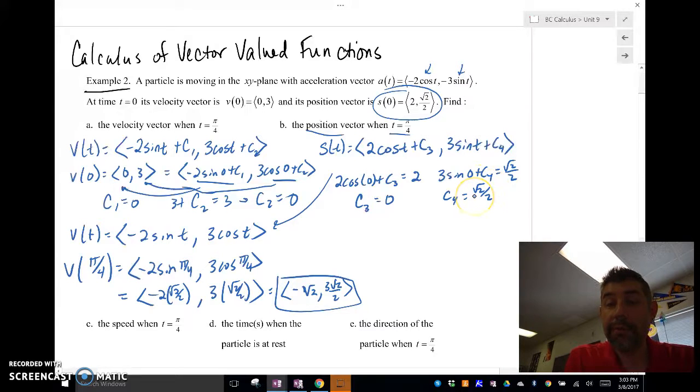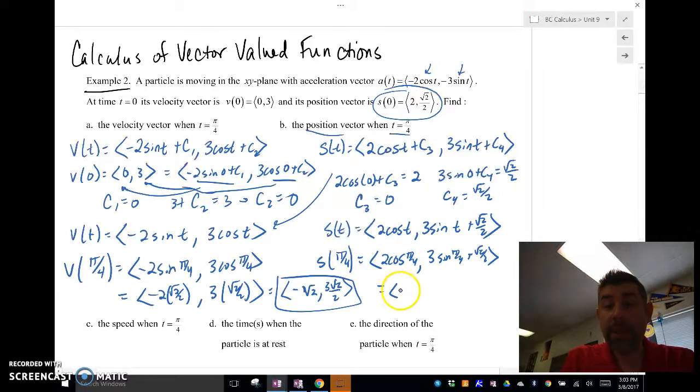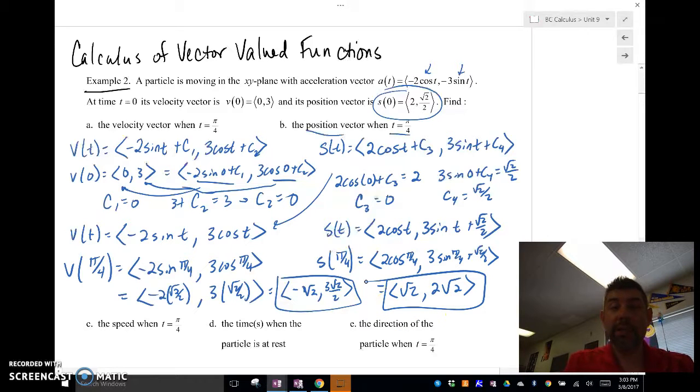So my position vector is going to be 2 cosine t, and 3 sine t plus root 2 over 2. Then I want this at pi over 4, so I plug pi over 4 in: 2 cosine pi over 4, 3 sine of pi over 4 plus root 2 over 2. Once all is said and done, that's going to be root 2 and 2 root 2. That's the position vector at that time.